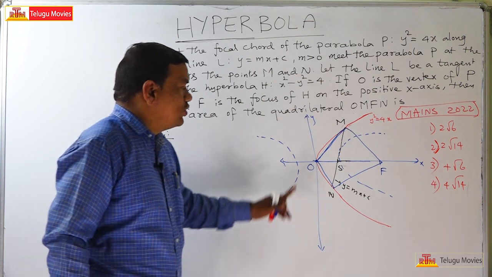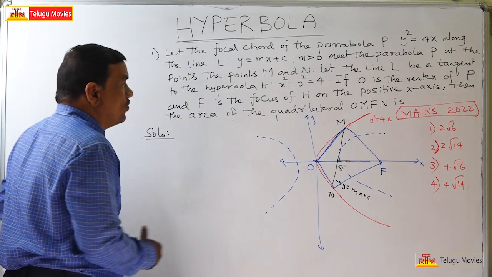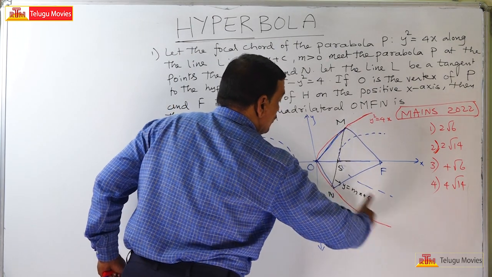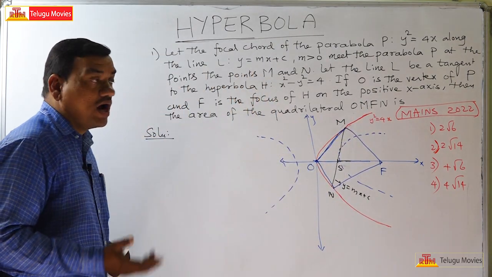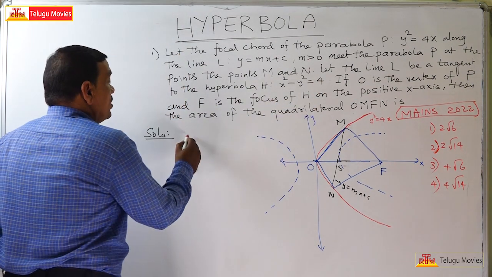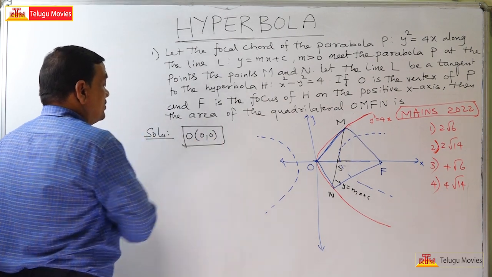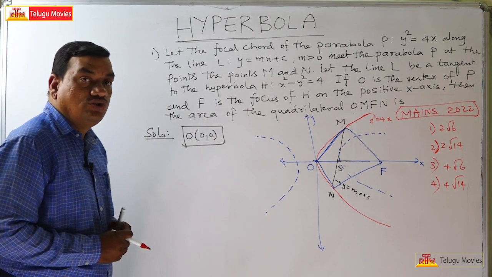Now the vertex O is very easy. The parabola y square is equal to 4x passes through the origin, already it is given. O is the vertex of the parabola. Therefore, O is (0, 0). We got it.